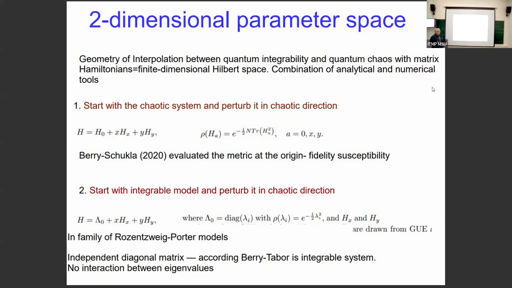We mimic the integrability: a diagonal matrix with no correlation between eigenvalues, Poisson distribution, which according to the Berry-Tabor conjecture corresponds to an integrable system.